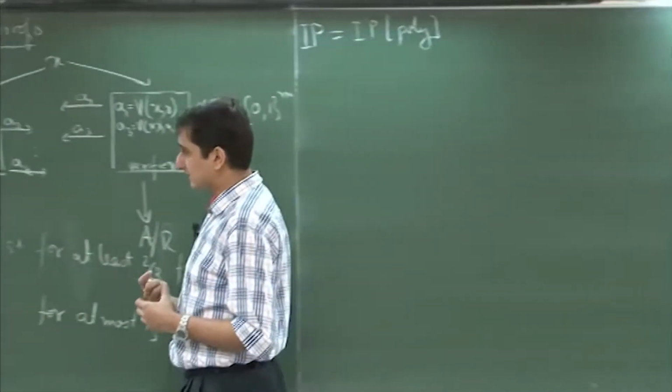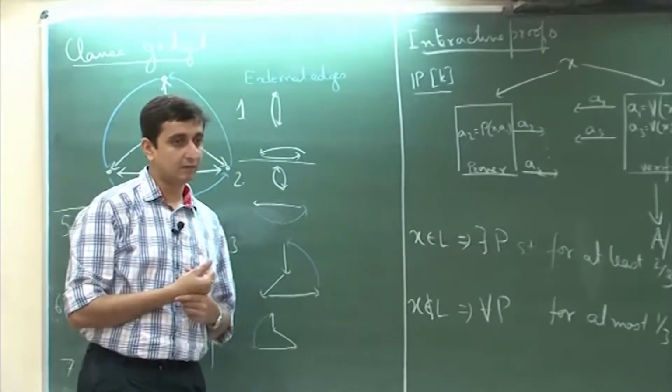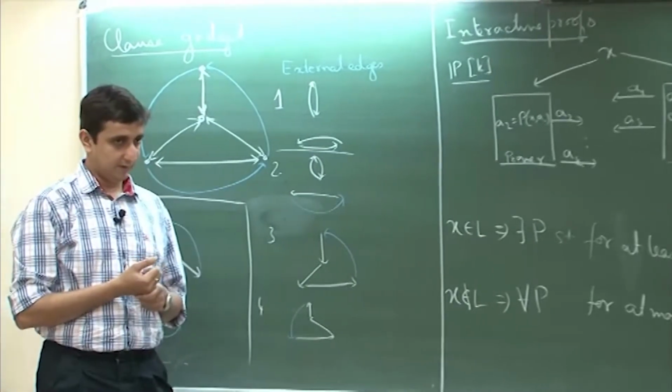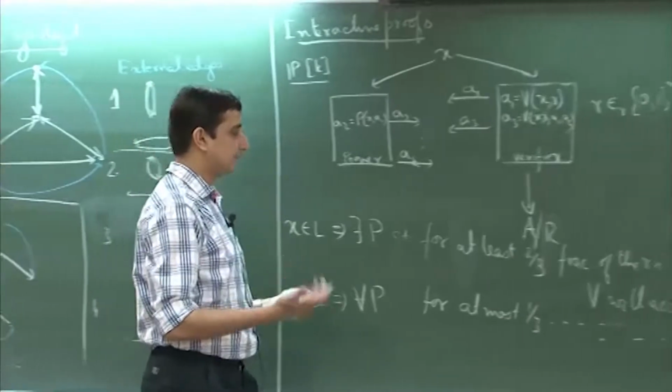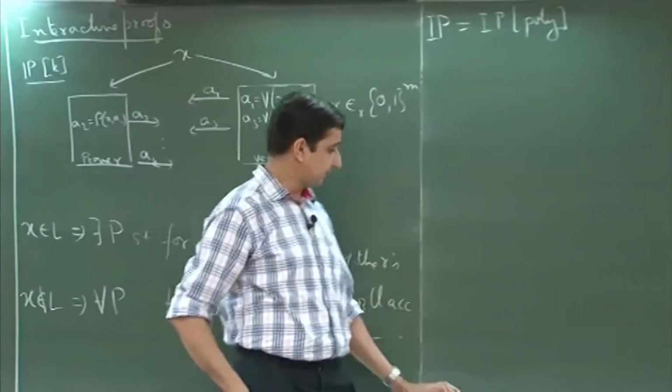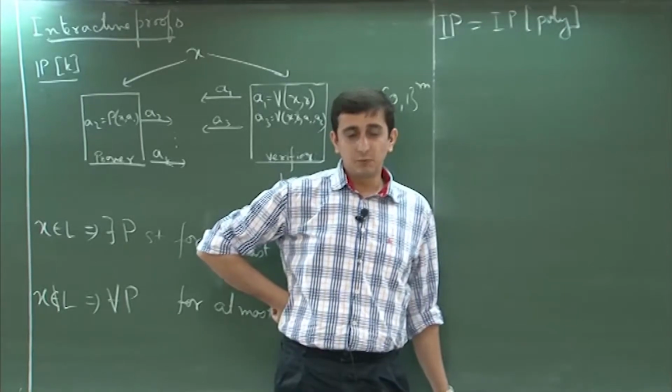Of course, it does have a hierarchy. The question is whether it is a proper hierarchy. I mean, of course, IPK defines a certain class of languages and IPK plus 1 defines another class, but what is the relation? So, we will talk about that.